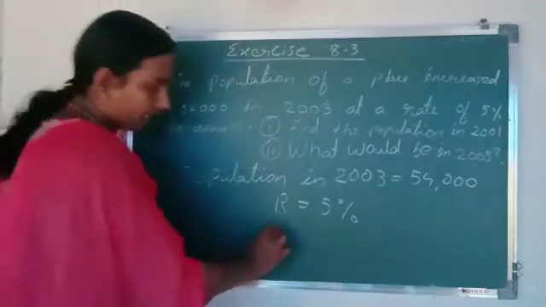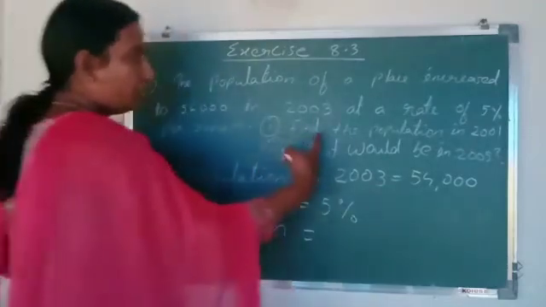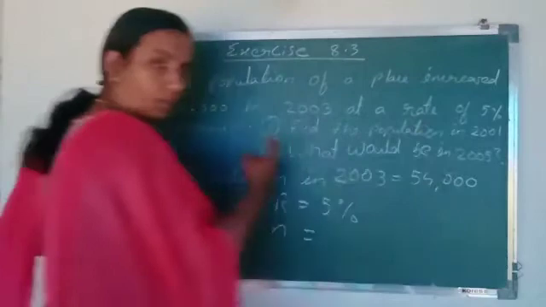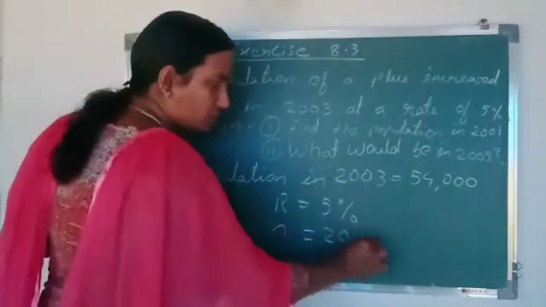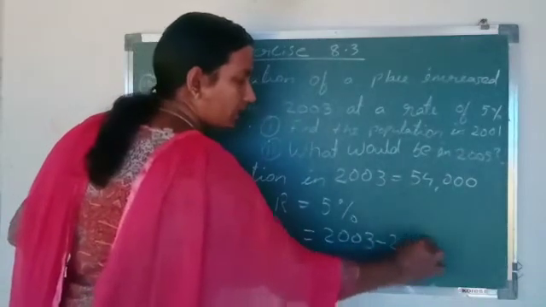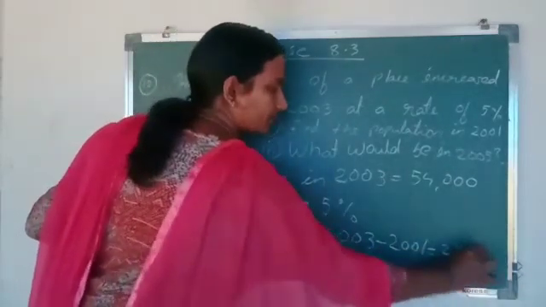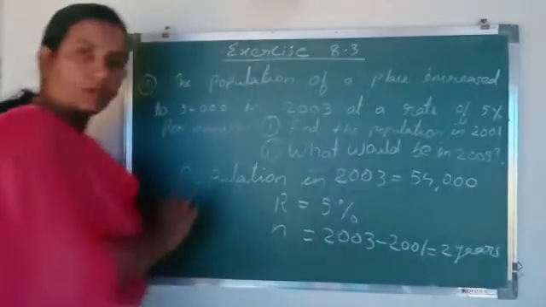What is N? We need to find the population in 2001, and what is given is the population in 2003. So N is equal to 2003 minus 2001, that means 2 years.